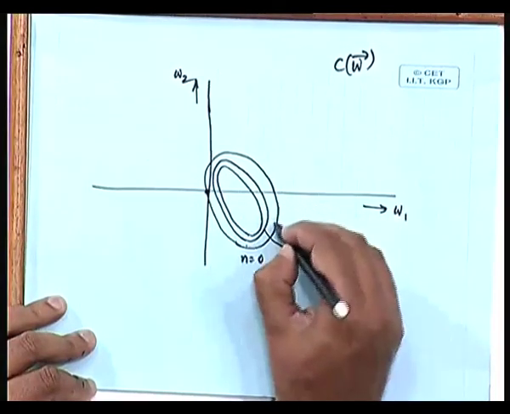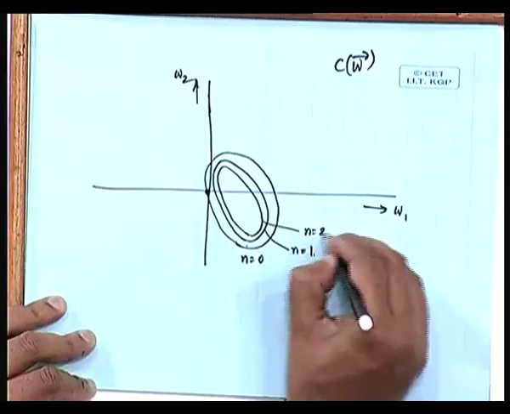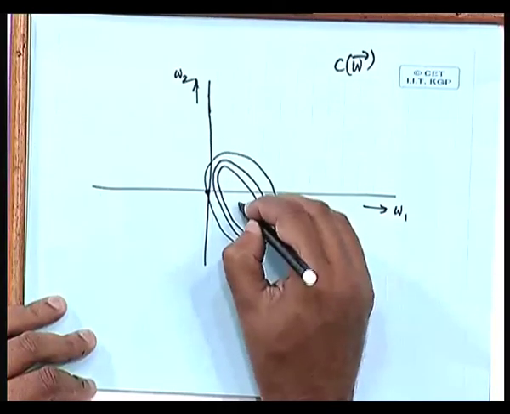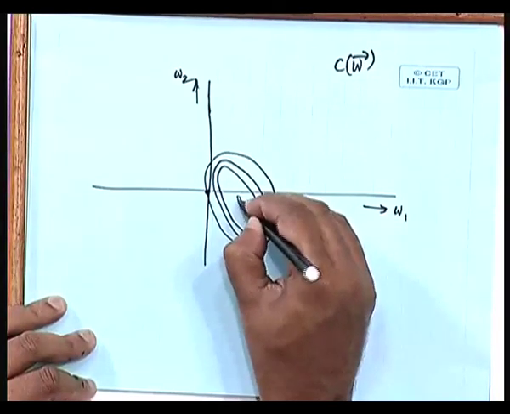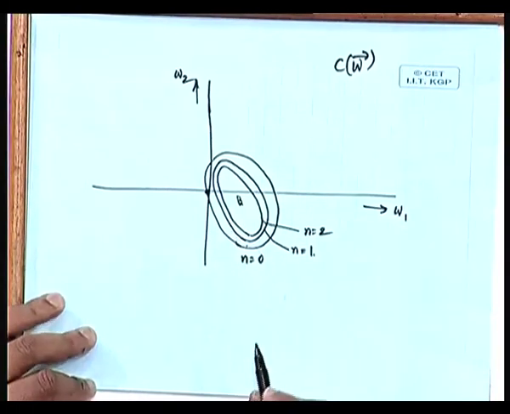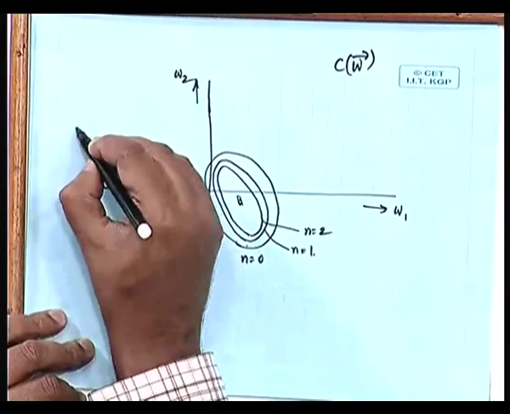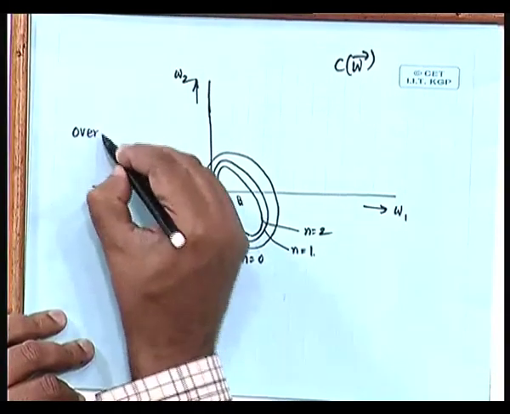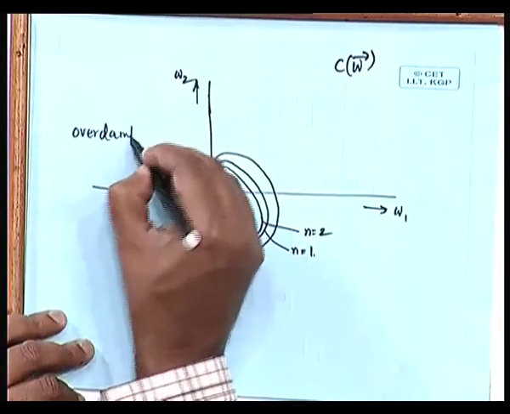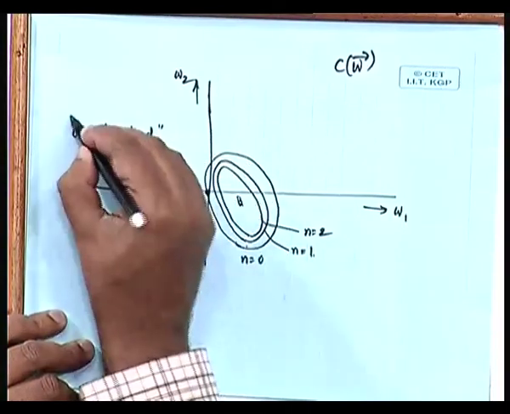For n equal to 3, it may be like this. Like that, ultimately there will be a point where you reach the minima, and that is where you want to go.